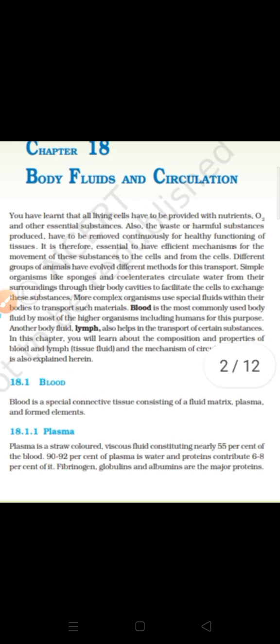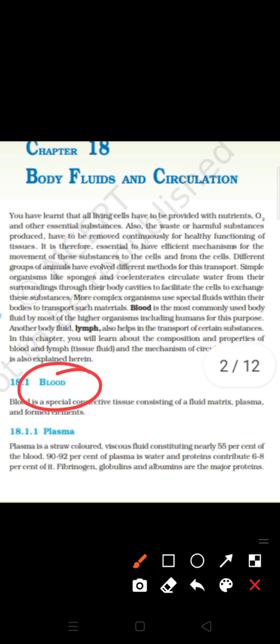So what is blood? Blood is a special type of connective tissue, a liquid connective tissue, consisting of blood plasma and blood cells. As I told you, it is extracellular, and it is slightly alkaline, having pH 7.4.